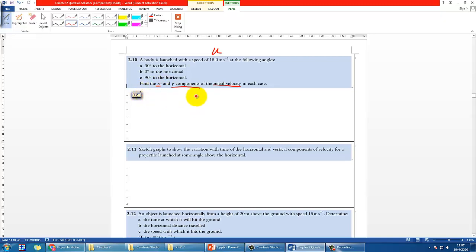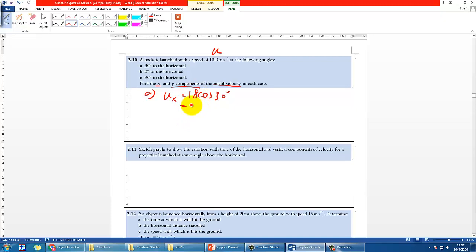So let's say for A, we will have ux equals to u cosine 30, which is 18 cosine 30, and then you can just use your calculator.